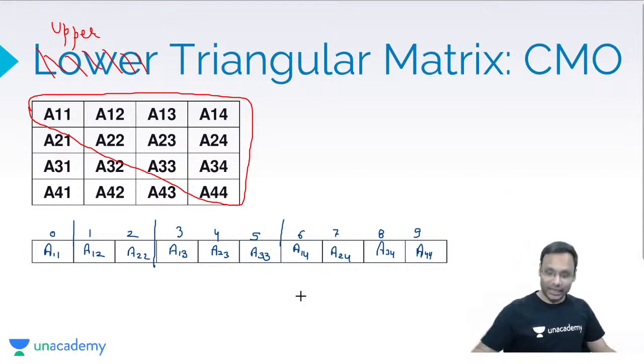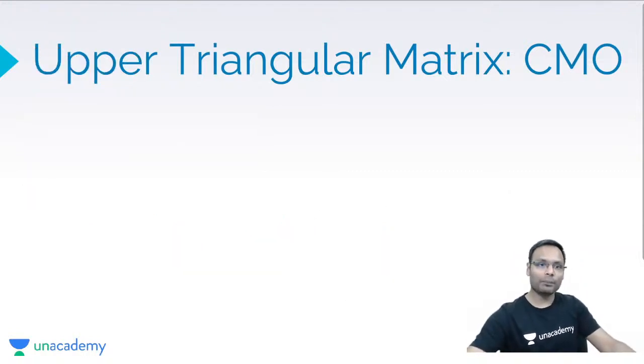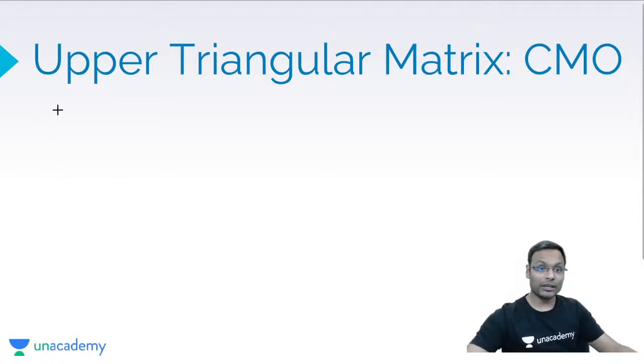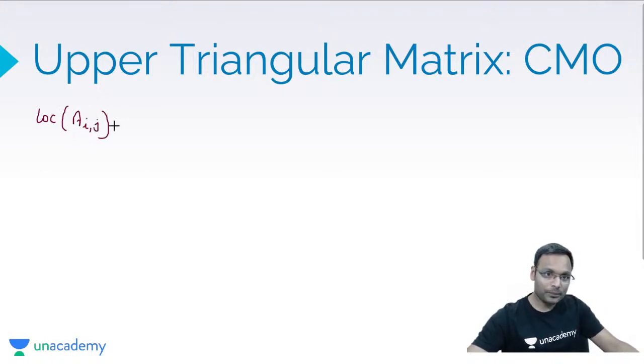So if these are the elements, what will be the formula for upper triangular matrix CMO? This will work the same as the row major order of the previous one.